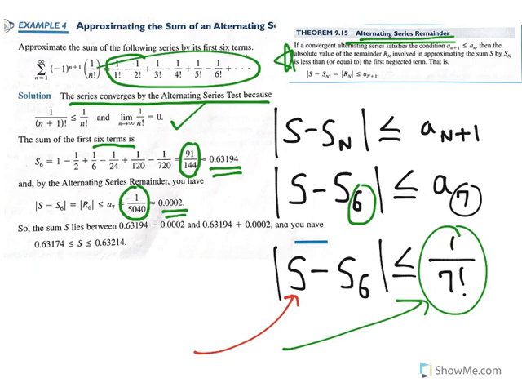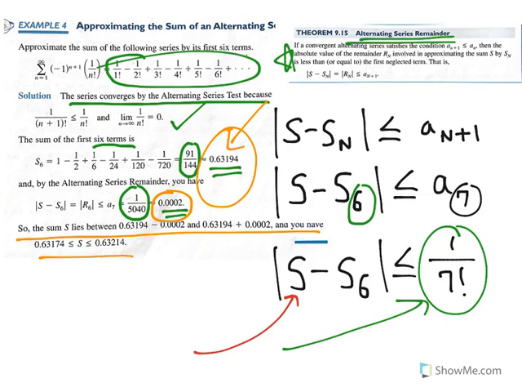So what is the infinite sum? Well, here is our approximation for it. And now we know that the infinite sum will differ from our approximation by an amount that's no greater than the first neglected term. So using that, we can state what is stated in the last sentence for the example.